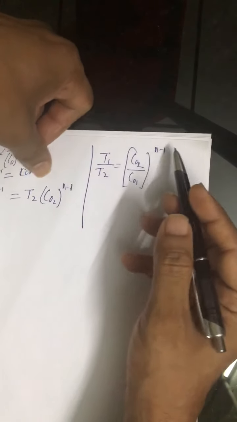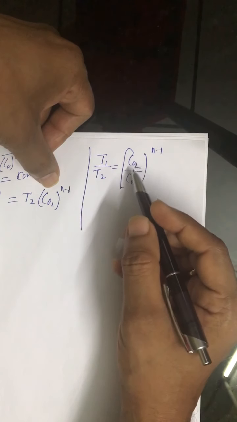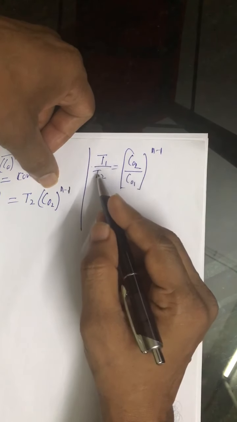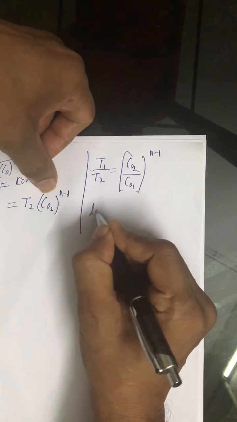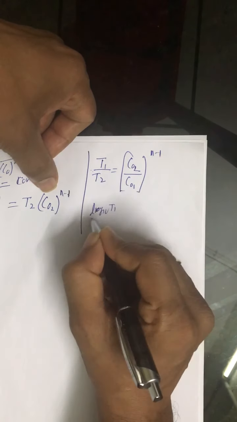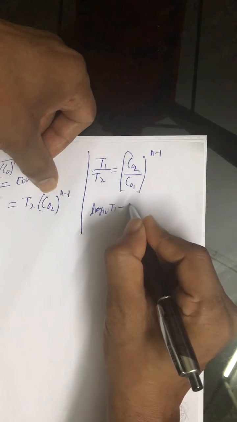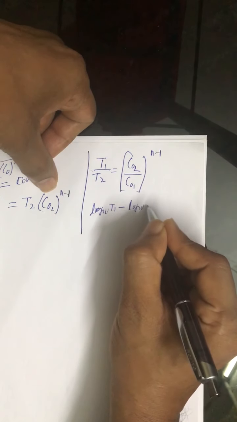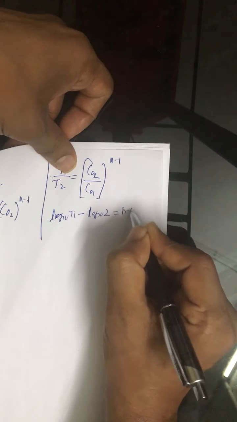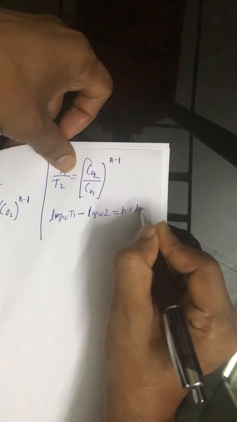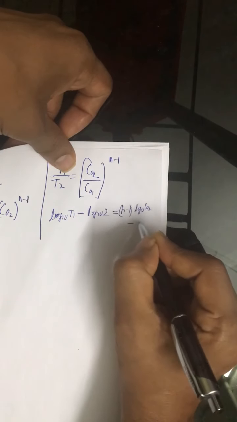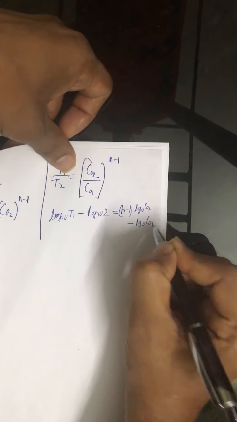And if it is having complex values then you can take the log of it, log of T1 by T2, or log of T1 minus log of T2, that is equal to n minus 1 log of C02 minus log of C01.